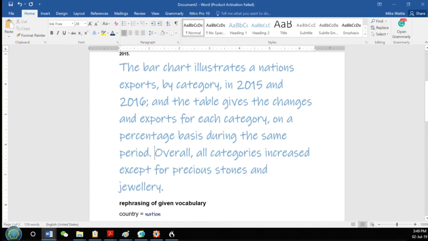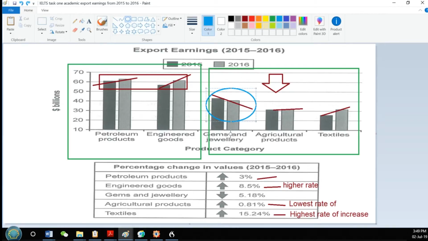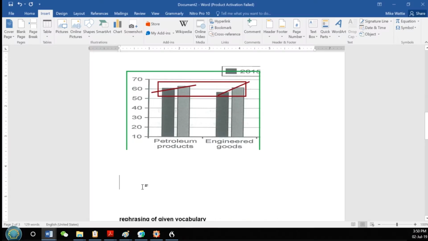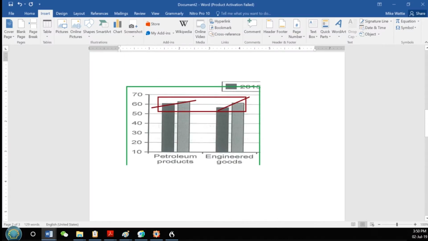Now we're going on to body paragraph 1, which is paragraph 2 overall. And this is where we're going to be talking about these 2 categories. Maybe we'll just put these on the paper. Okay, so body paragraph 1, we're going to describe the first 2 categories. And remember, I'm covering the percentages as well.